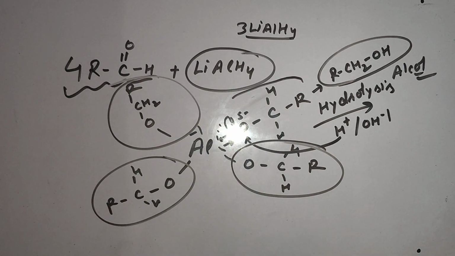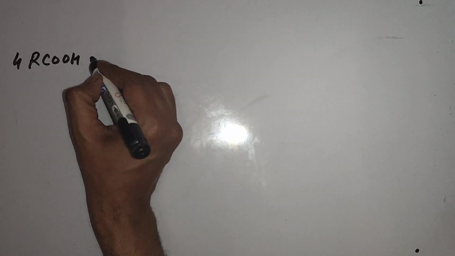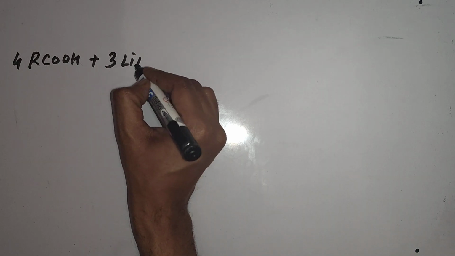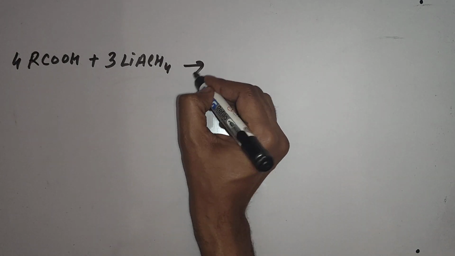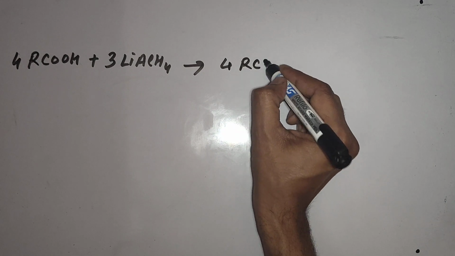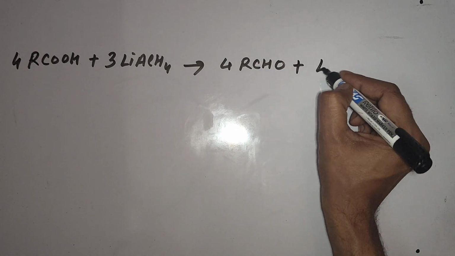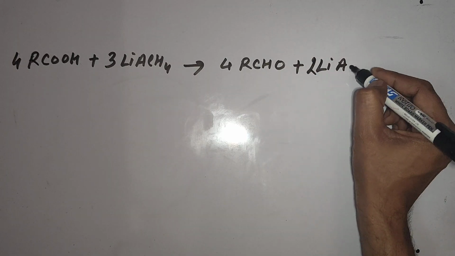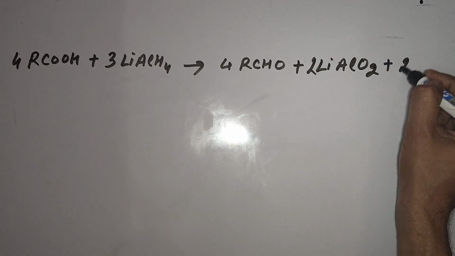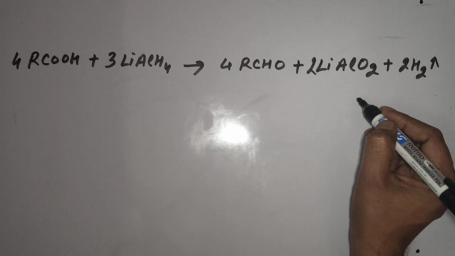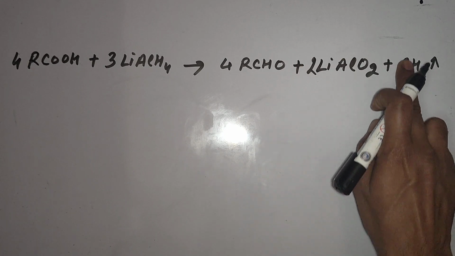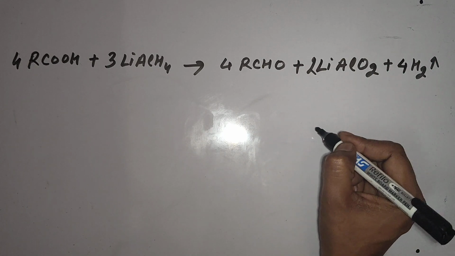So if I sum it up, I will write this equation like this. 4RCOOH reacts with 3 lithium aluminium hydride to give us first 4RCHO plus 2 lithium AlO2 plus 4H2 gas.